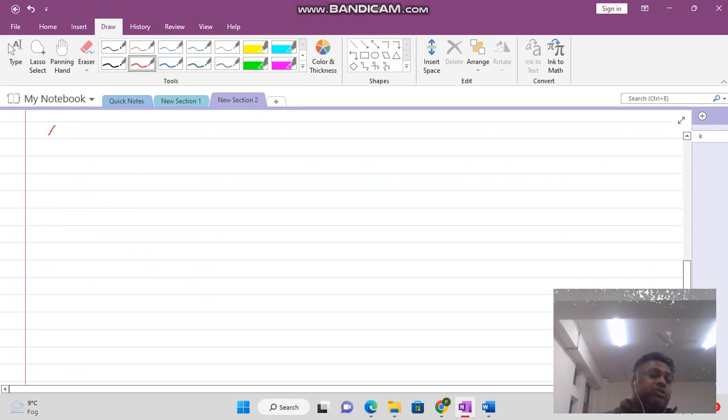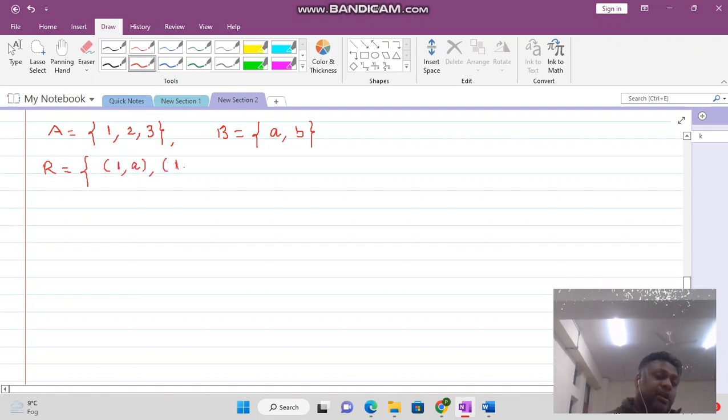For example, suppose you have one set A. In this you have elements like 1, 2, 3, and in set B you have elements like a and b. Now in the relation, suppose we have elements (1, a), (1, b), (2, a) only. You see what the first elements of these coordinate pairs in the relation are.